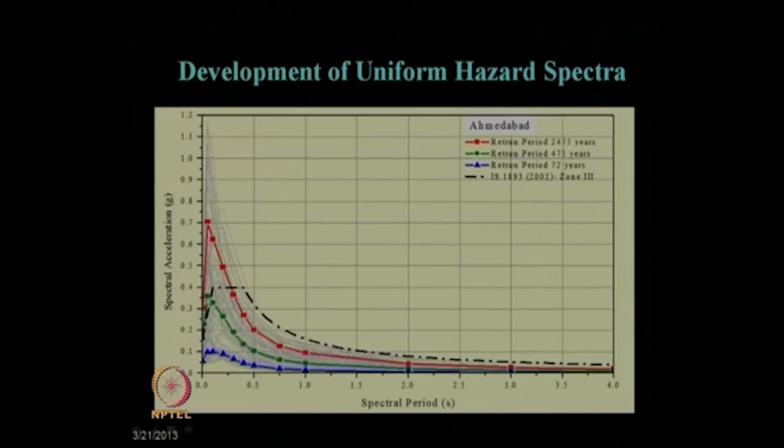Because as I said, code cannot give you individual curves for thousands of cities of India like this. That we have to do the analysis if it is an important structure or important construction is going to come.